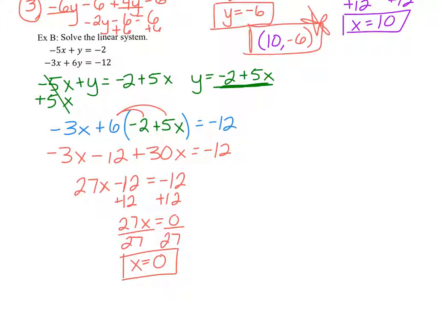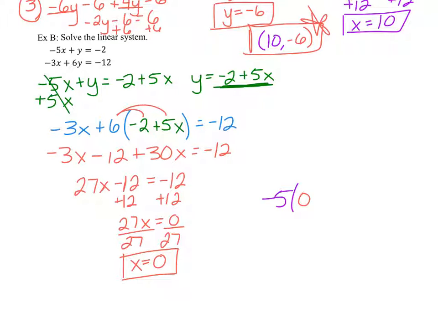All right, so x is 0, but I'm still not done. What do I do for my last thing? Plug in 0. For either equation, it should always work for both. Put 0 in for x. I'm going to put it into the top one just because I feel like it.